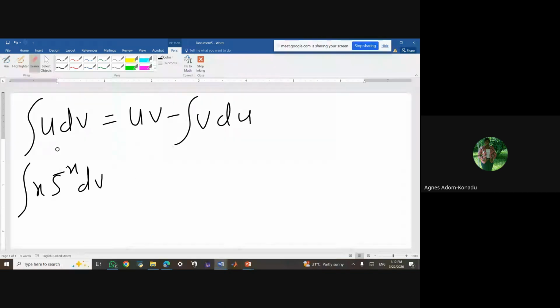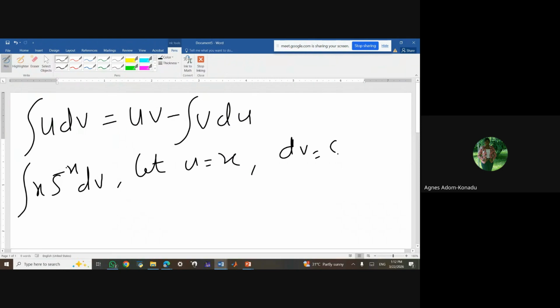I will let my u be equal to x. This means that my dv will be equal to 5 to the power x dx. Since I have u, I will need v.